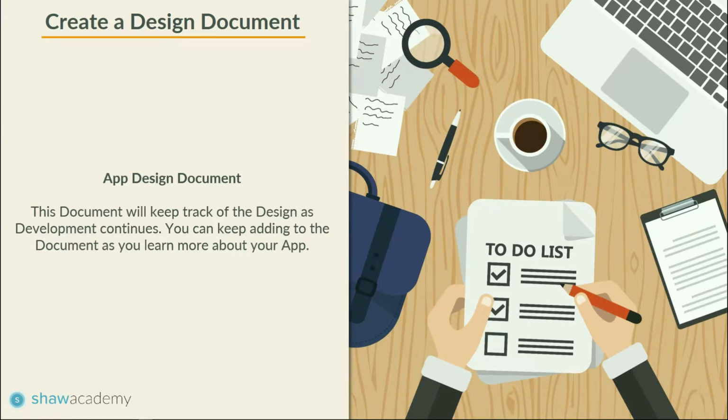And then second of all, think of your app design document as a blueprint. Now, I have mentioned that building an app, developing an app is similar to building a house. No one starts building a house without a blueprint, and the same applies for an app.